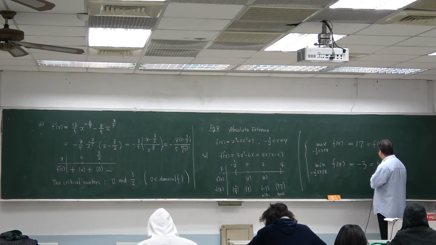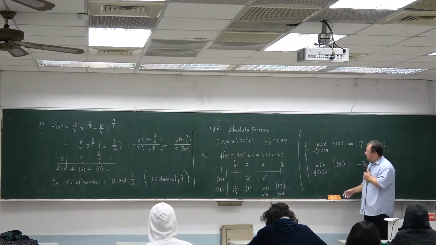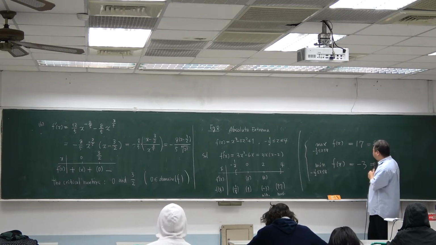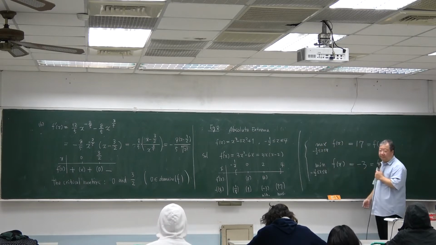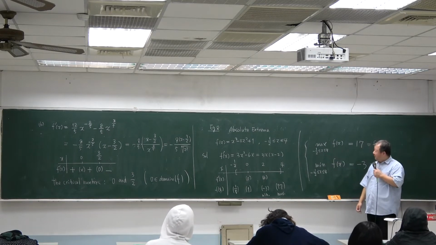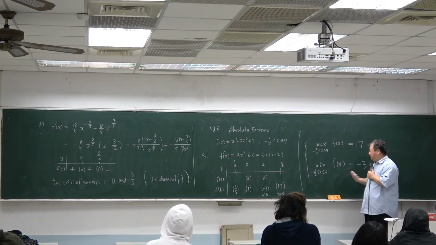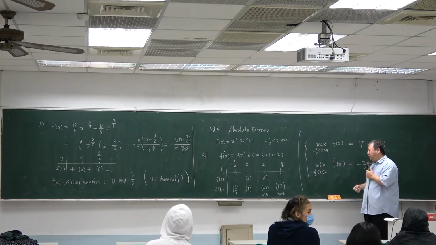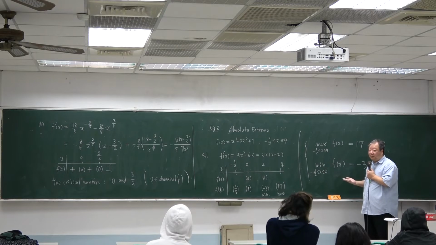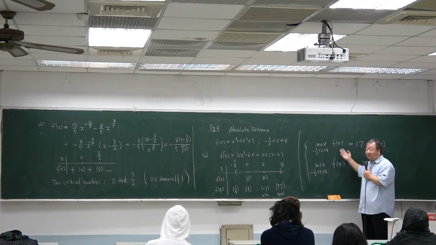Also, 2 is an optimal solution to this problem. 4 is an optimal solution for this problem. Or programming. Sometimes, if this is the revenue, or suppose f is a profit function, we hope to maximize our profit.